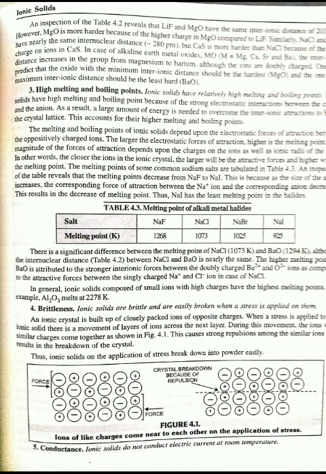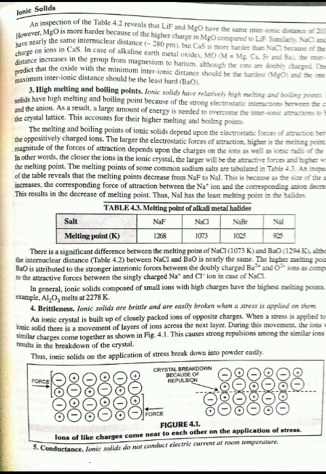There is a significant difference between the melting point of NaCl, 1073 Kelvin, and BaO, 1294 Kelvin, although the internuclear distance, table 4.2, between NaCl and BaO is nearly the same.